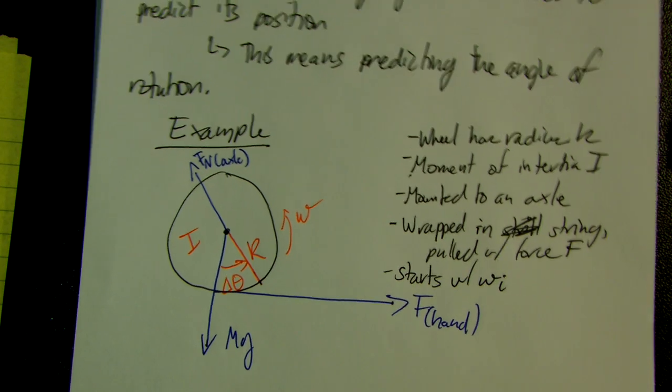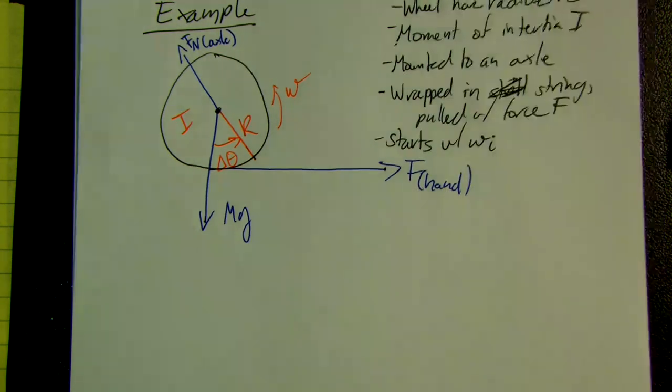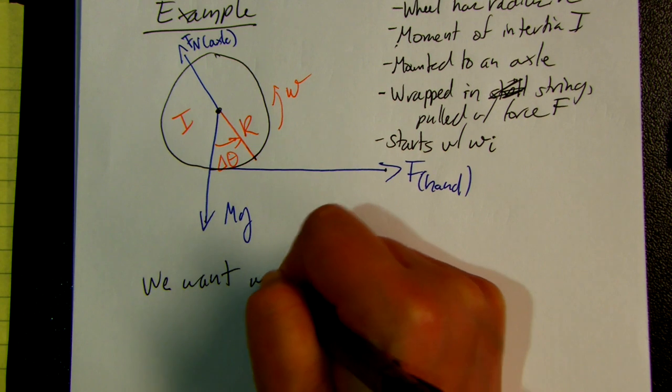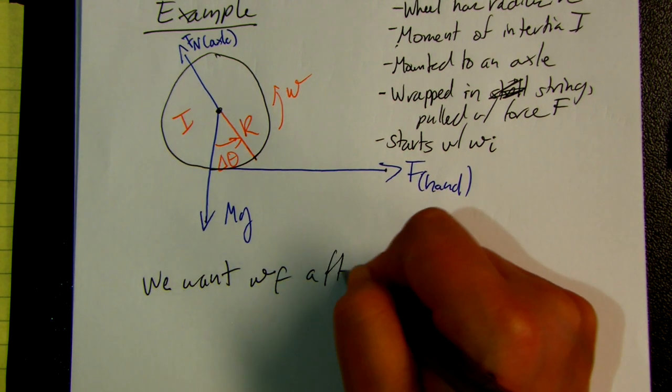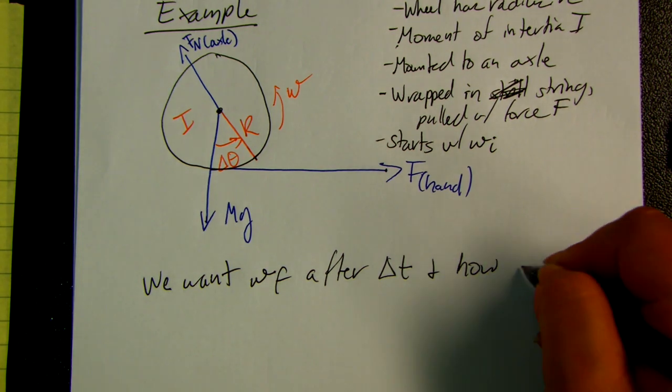You just put a 0 in for omega i. So we want omega final after delta t, and how far did your hand move?